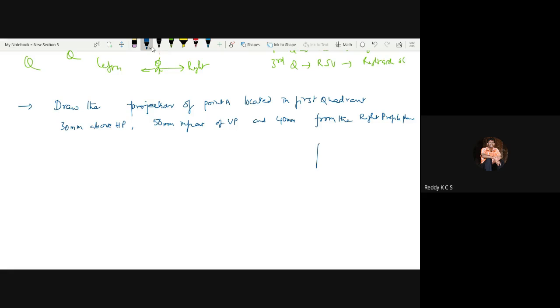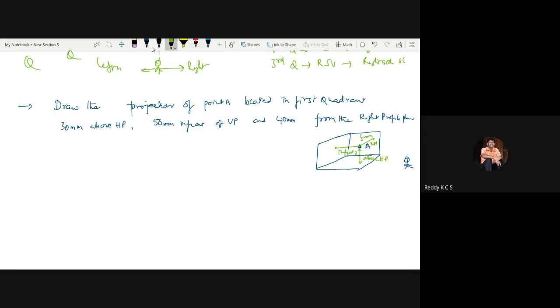Three-dimensional view, what I do is, it is a first quadrant, right? So I draw, and as mentioned, the right profile plane. So I'll draw here right profile plane because the observer is here. So for him, this will be the right profile plane, and the point is located like this, A. This is the above HP distance that is given, and this distance from the vertical plane is called the in front of VP distance, and this distance is also given from the right profile plane.